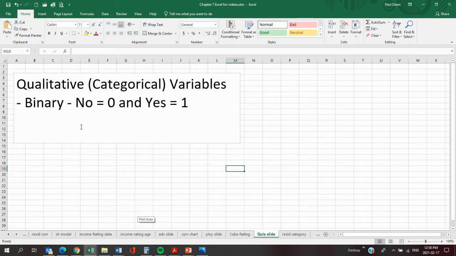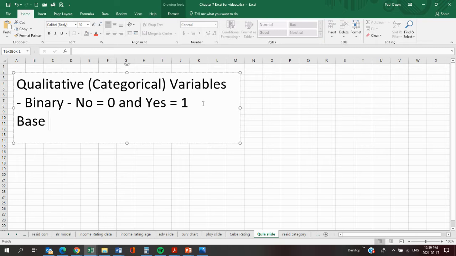I do have one that's ethnicity, that has people being Caucasian, and I've got ones being African American or Asian. What can I do with them? Well, what I could do with those is say I'll have a base case, and that'll be you're Caucasian.